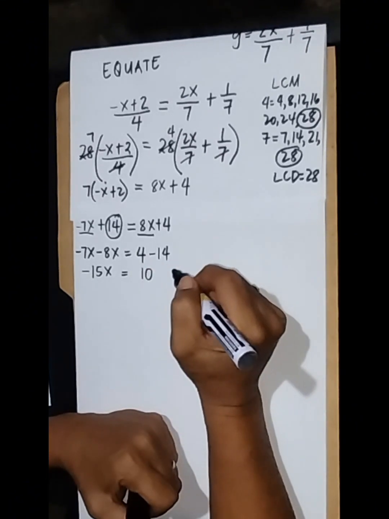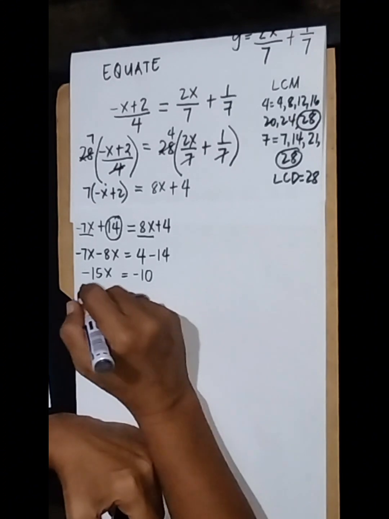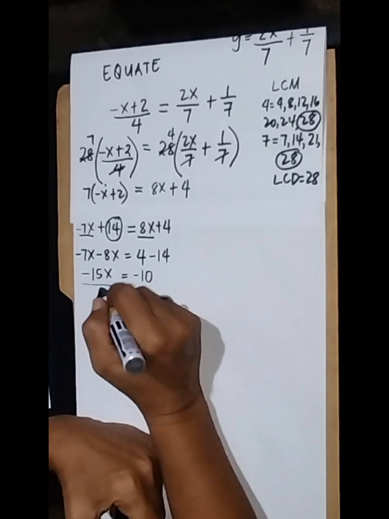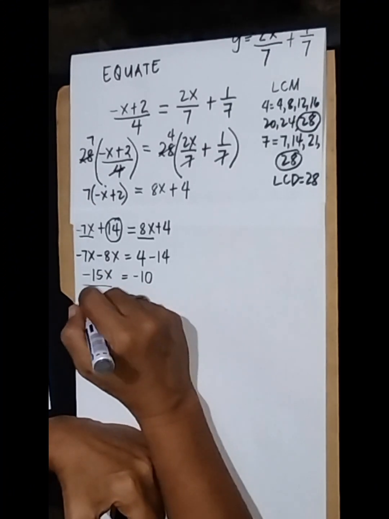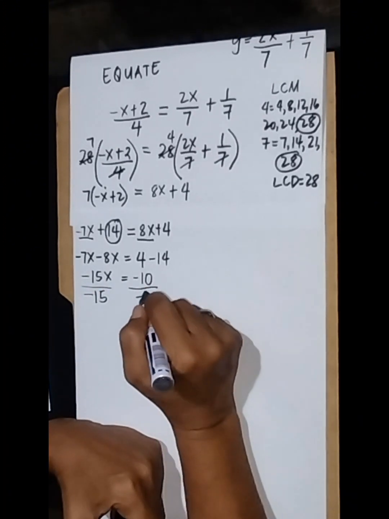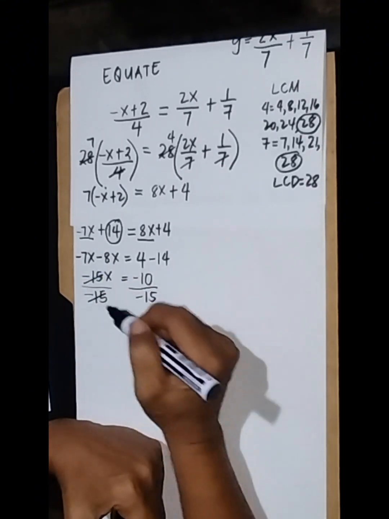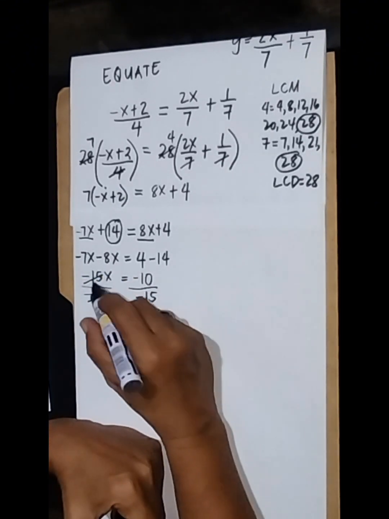We bring the sign of the bigger number, which is negative. Now, to make it 1x, or x, we divide both sides by negative 15. So, negative 15 divided by negative 15 is equal to 1.